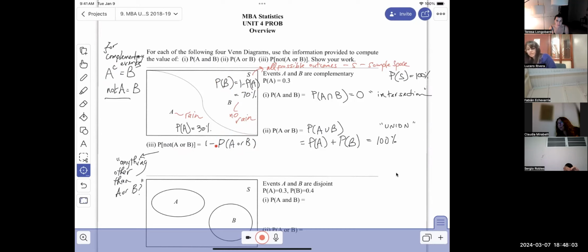What's the probability of A or B? 100%. Right from here, 100%. So that means the probability of not (A or B) is 0.